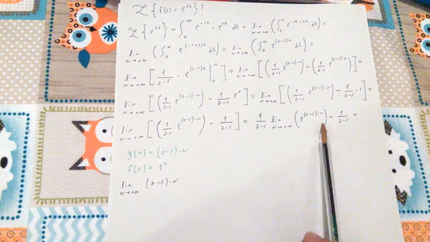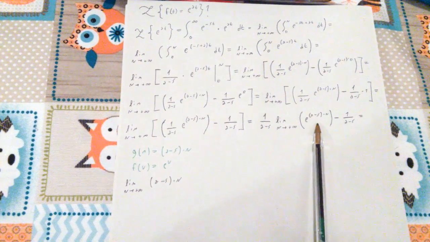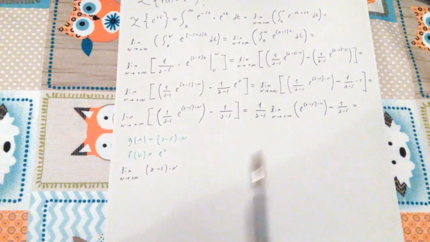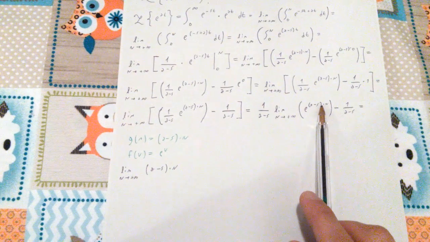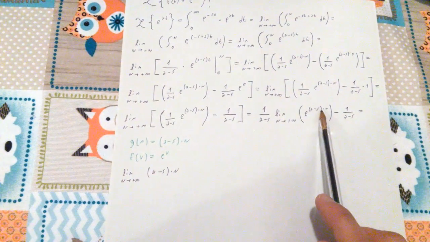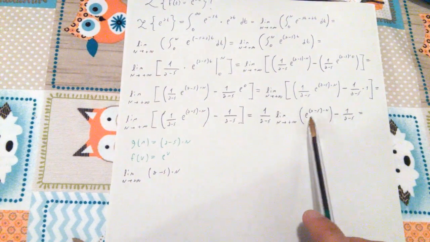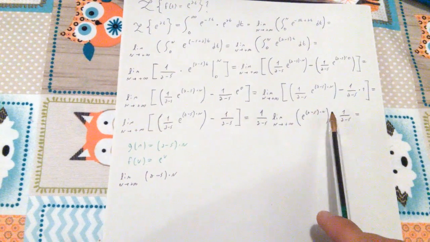Essentially, we want this whole thing to be 0, and in order for this to be 0, we will need this exponent to be negative infinity, so that I can get 1 over e to the infinity, which basically is going to go to 0.